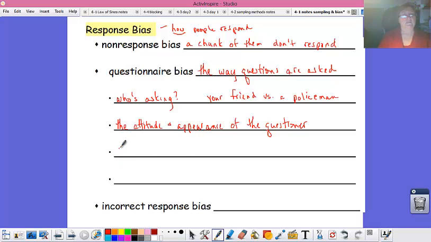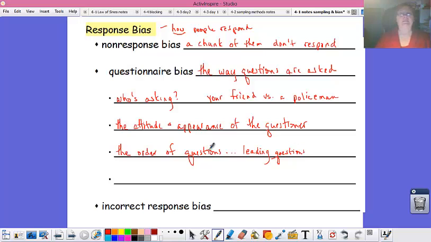The next of these elements that I've talked with you about is the order of the questions. Many surveys are trying to get you to respond in one way, right? They want you to respond in one way. So the questioner asks leading questions.